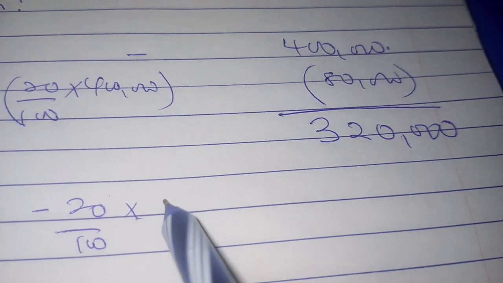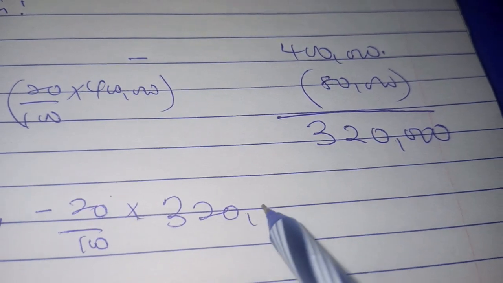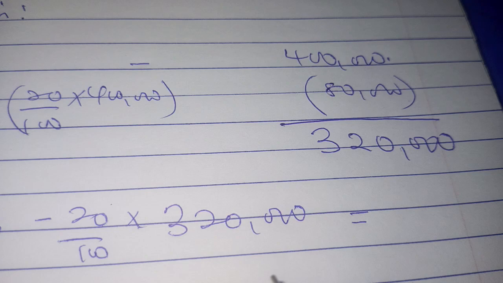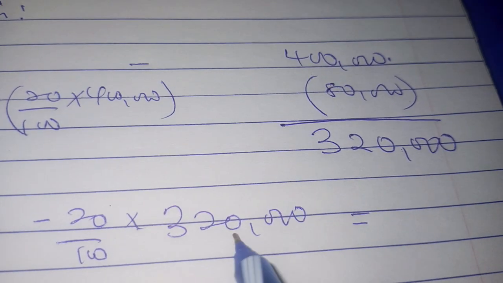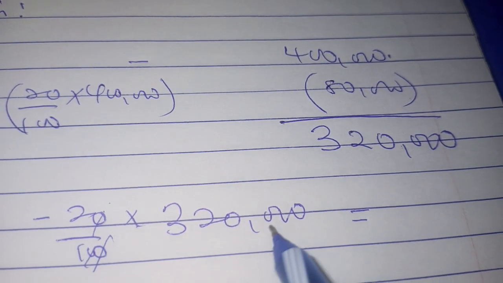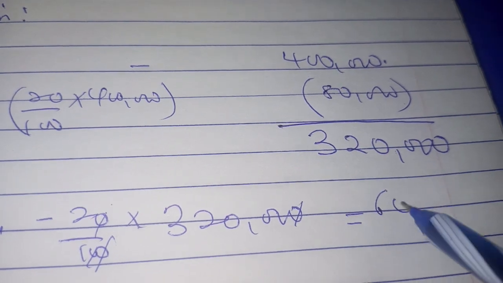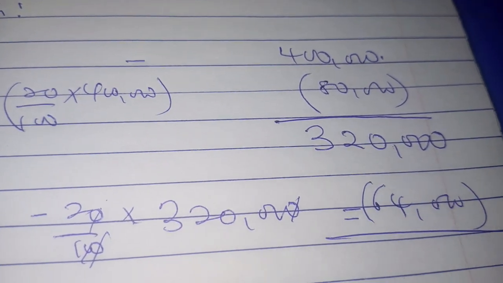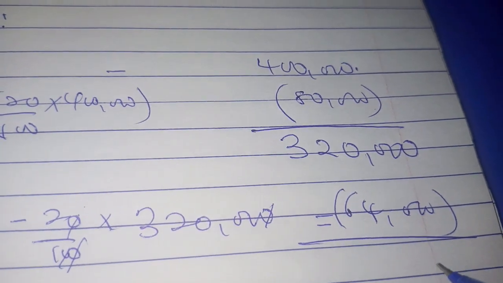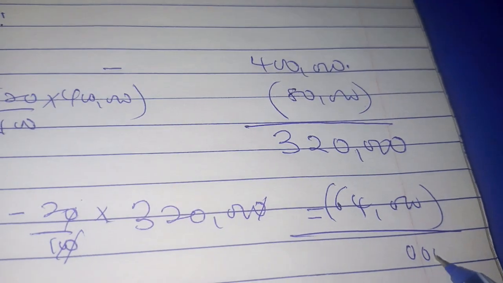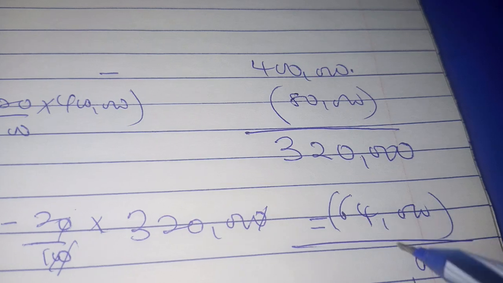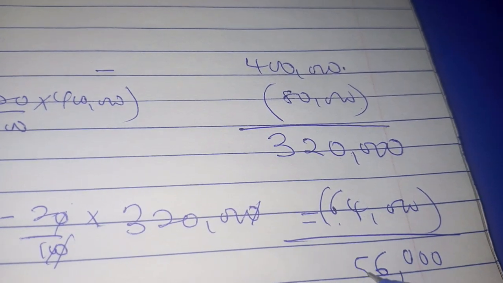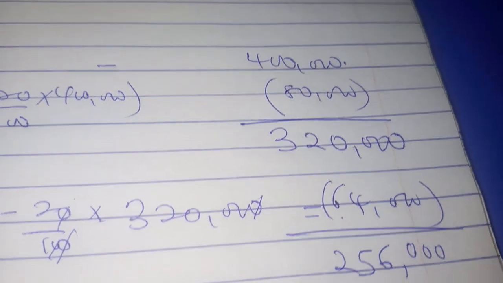So we shall say 20 multiplied by 320, and we cancel the zeros, then we shall have 64,000. That will be our depreciation, and therefore that gives us 0, 0, 0. 0 minus 4 is 6, and then 1 minus 6 is 5, and then we have 256,000.